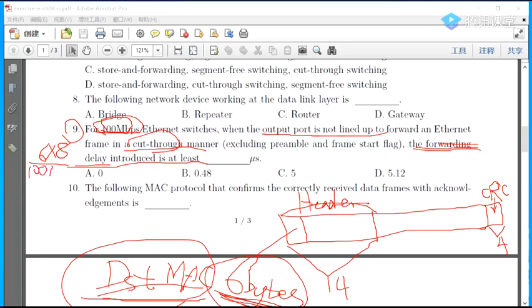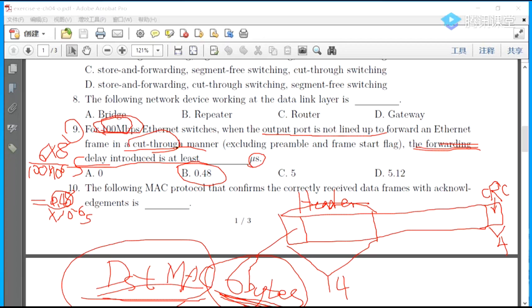Mega means 10 to the 8, so the unit is bits per second. So 48 divided by 100 is 0.48 times 10 to the minus 6 second, which is 0.48 milliseconds. Do you understand?